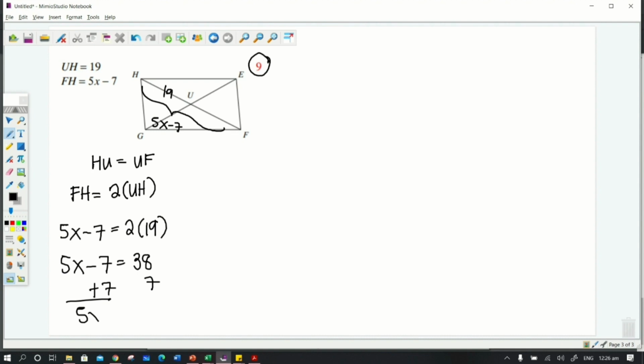So this is now 5x, negative 7 plus 7, that is 0, is equal to 38 plus 7, which is equal to 45. So 5x is equal to 45. So divide both sides of the equation by 5, then the value of x is equal to 9.